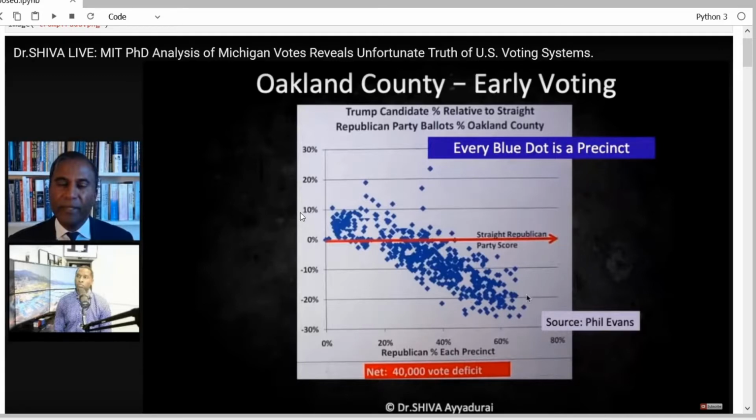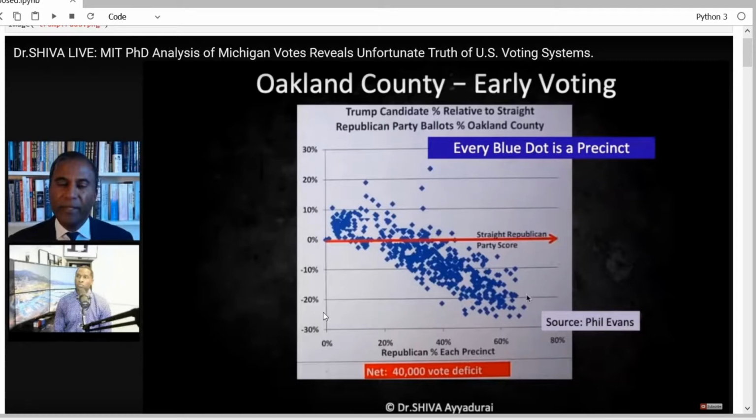Straight ticket voting means you vote for a party and all the candidates down the ballot for that party. So we have the percentage of people who voted for Trump minus the percentage of people who voted for the Republican Party plotted against the percentage of people who voted for the Republican Party.